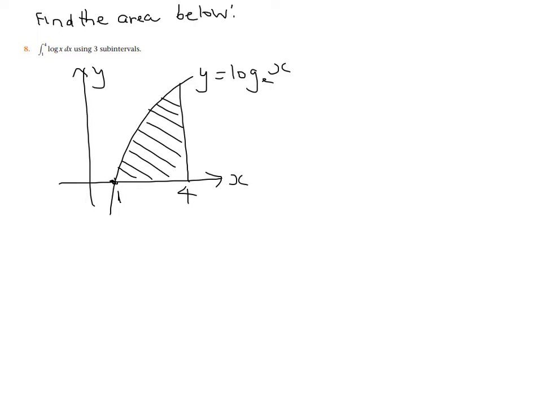But at the moment, we're doing the trapezoidal rule, and it says 3 subintervals. The word subintervals means sections. We've also got the word ordinates, which are just the lines. If it says 3 ordinates, there'd be 1 there, 1 there, and 1 there.